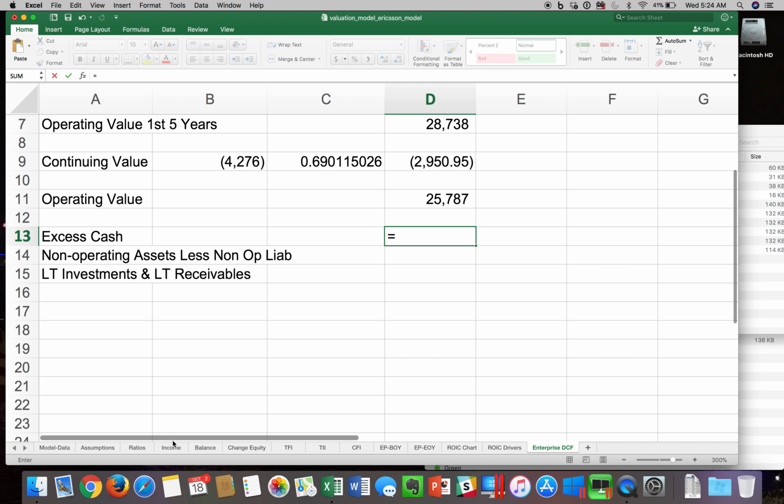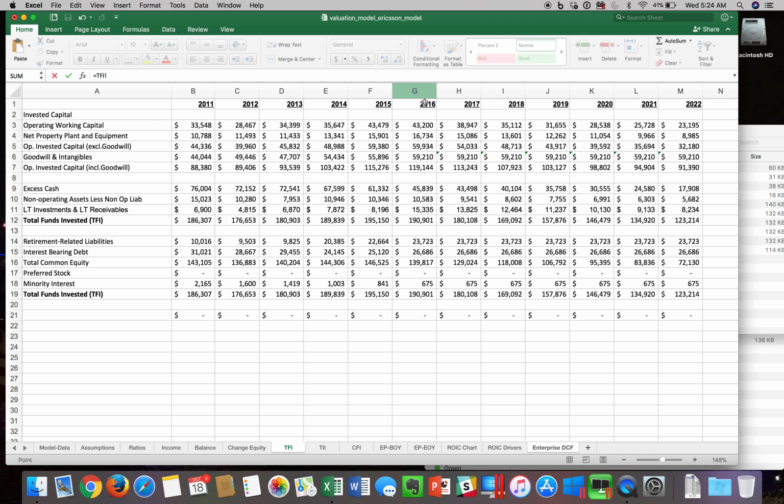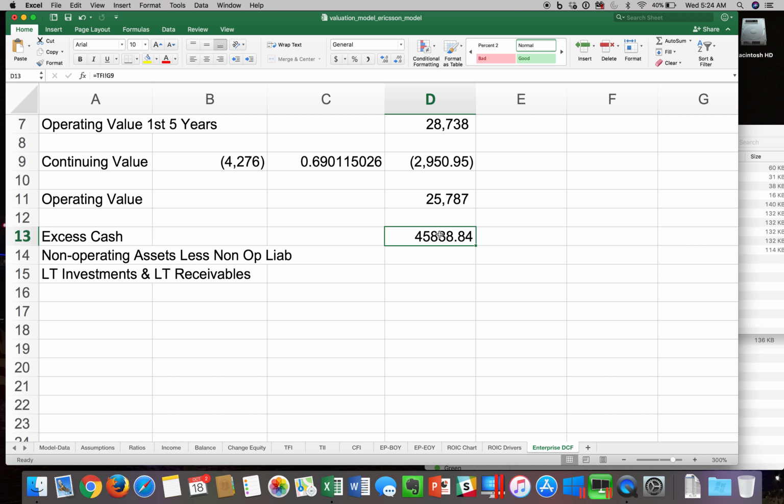So cash is worth cash. So again, for TFI, excess cash in 2016 would be G9, and G10 and G11 would be the non-operating assets and the long-term investments.